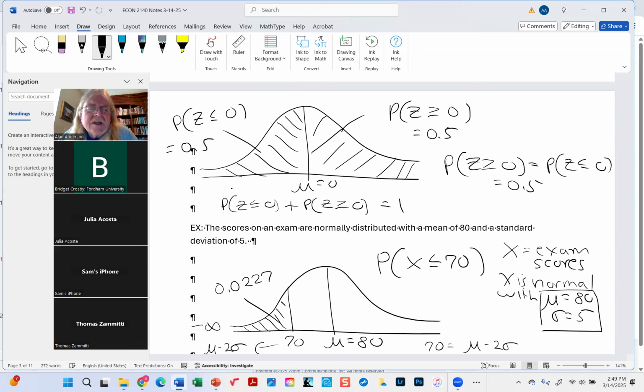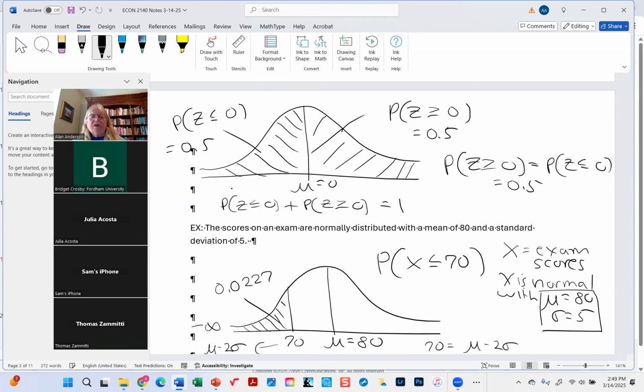We usually use X for random variables, but remember, Z is reserved for the special case of the standard normal distribution. If they're going to give you a normal distribution without it being standard normal, you have to be told what the mean and standard deviation are. So here they're telling us that the mean score is 80, and the standard deviation is 5.